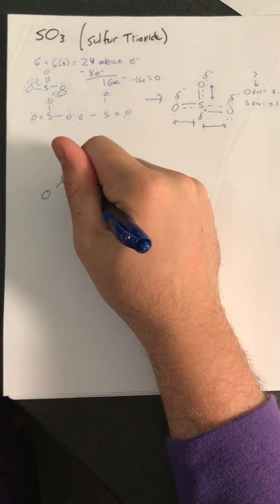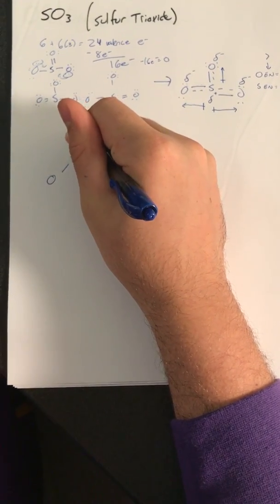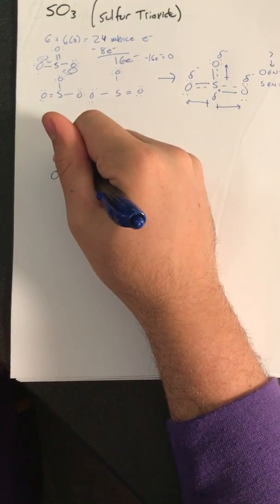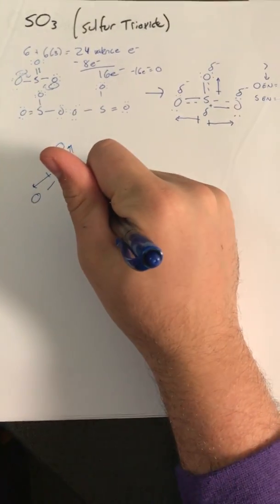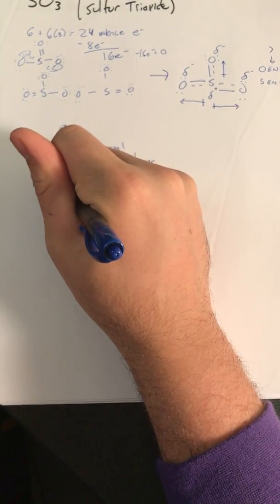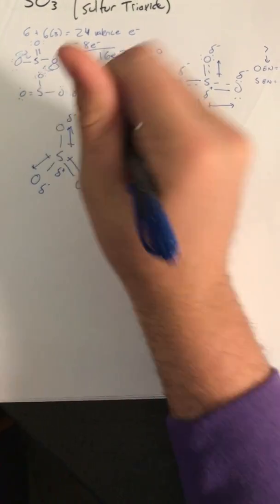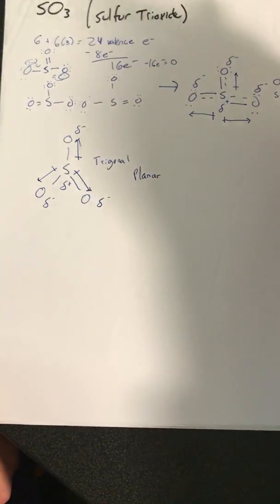And we're going to draw the dipoles. Okay, and here are our partial charges. All right, so this is what the final product is going to look like.